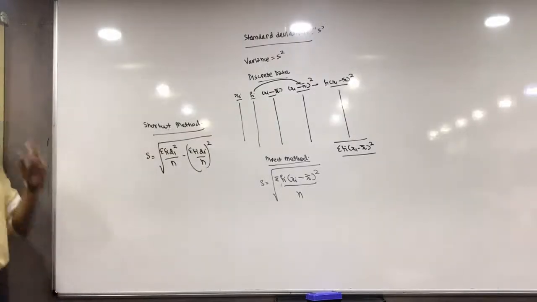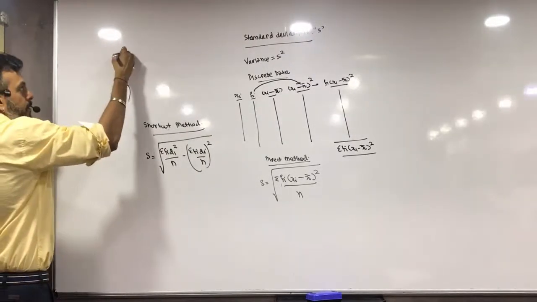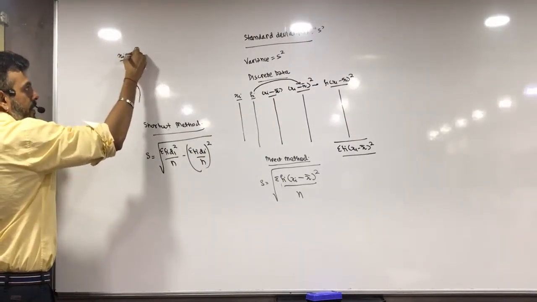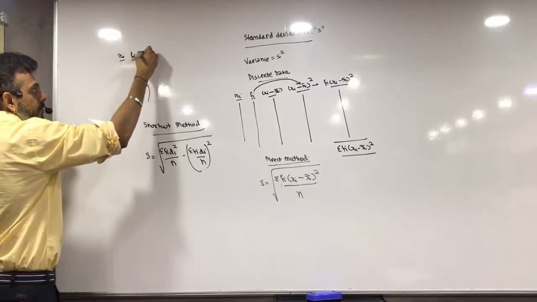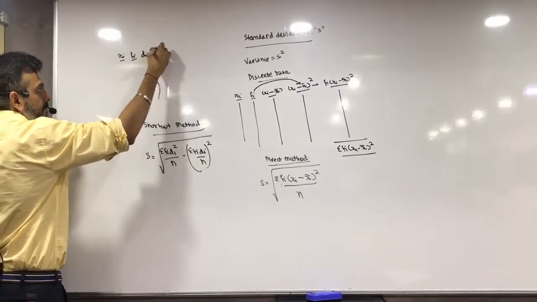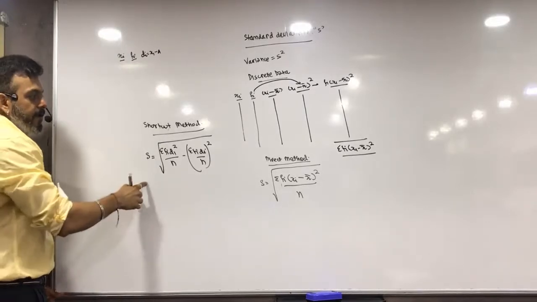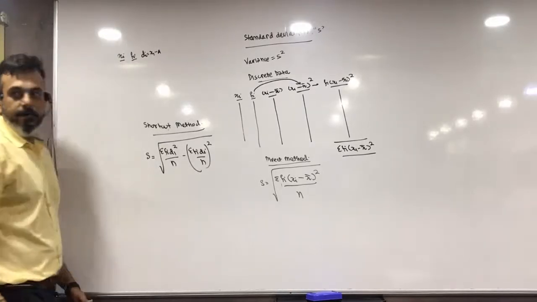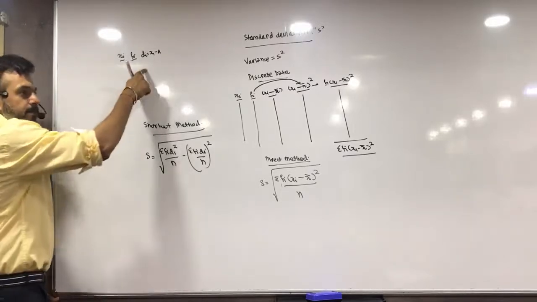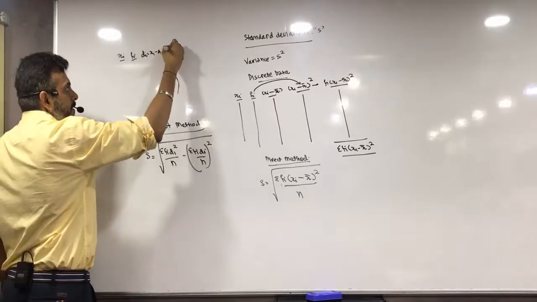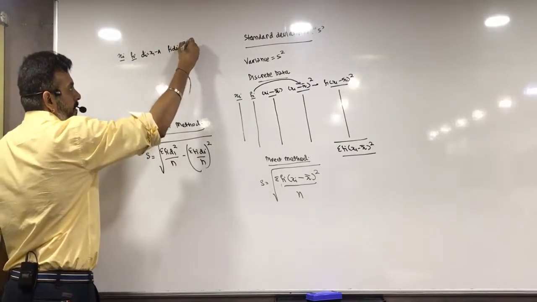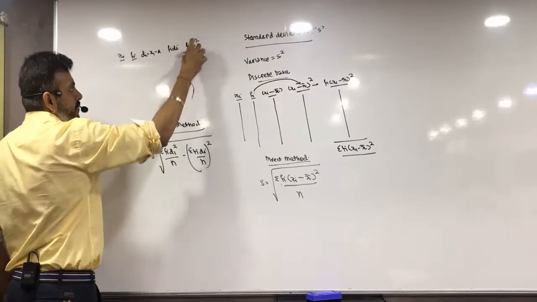Now here you have xi, you have fi, and you find di. di is equal to xi minus a, because you have to find the mean if you want to find the coefficient of standard deviation. Then find fi into di, that is fi di, and then fi di square.